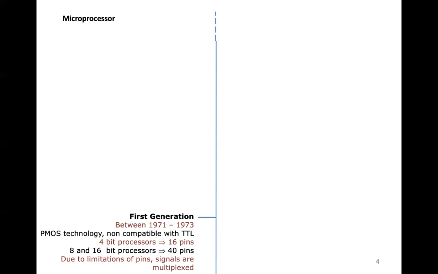You know that PMOS, P-type metal oxide semiconductor. MOSFET technology, using the MOSFET, metal oxide semiconductor field effect transistor. So the microprocessor must be designed with that transistor. The microprocessor uses transistors.